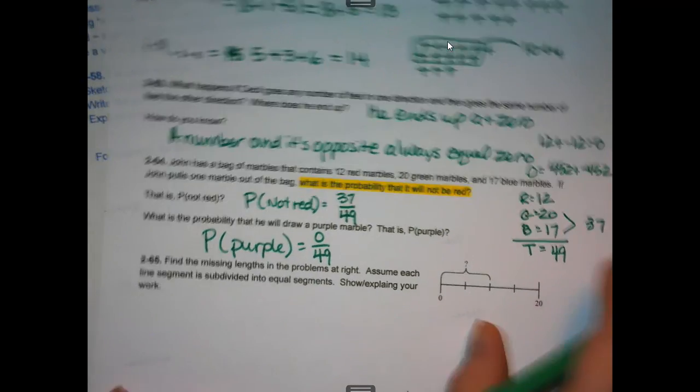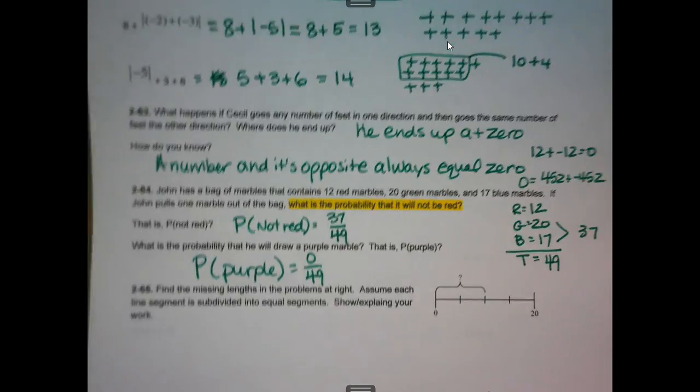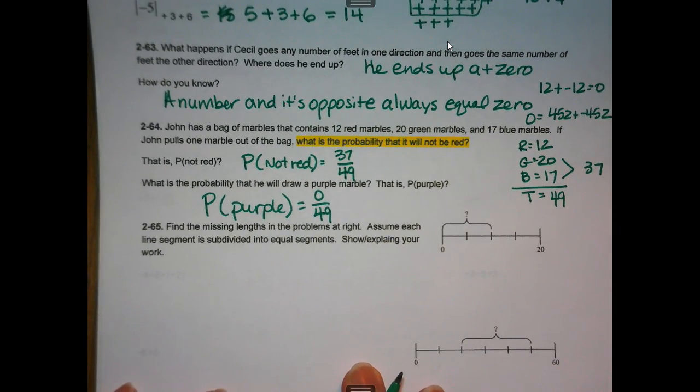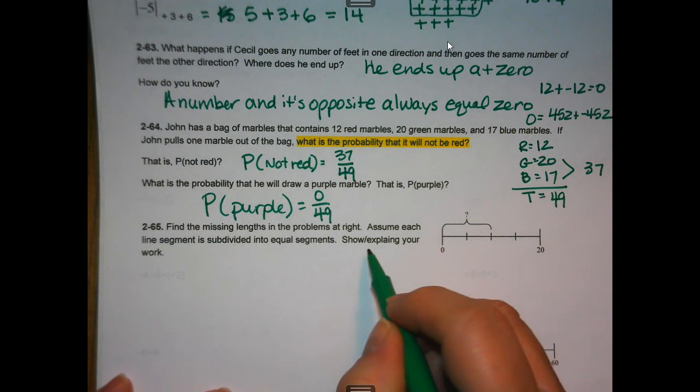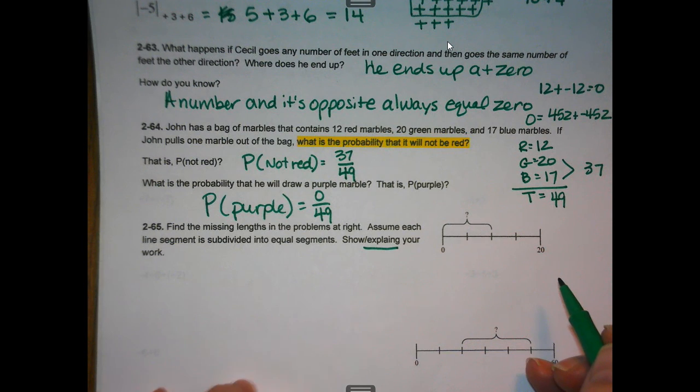And then we are supposed to find the missing lengths in the problems at right, and I've got two of them here. Assume each line segment is subdivided into equal parts. Show or explain your work.